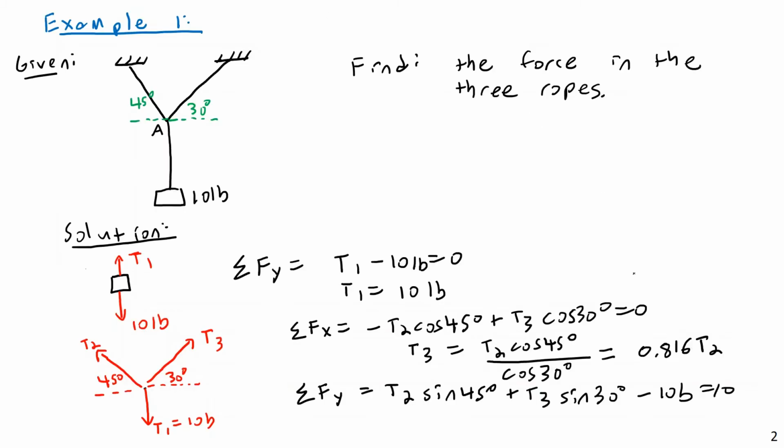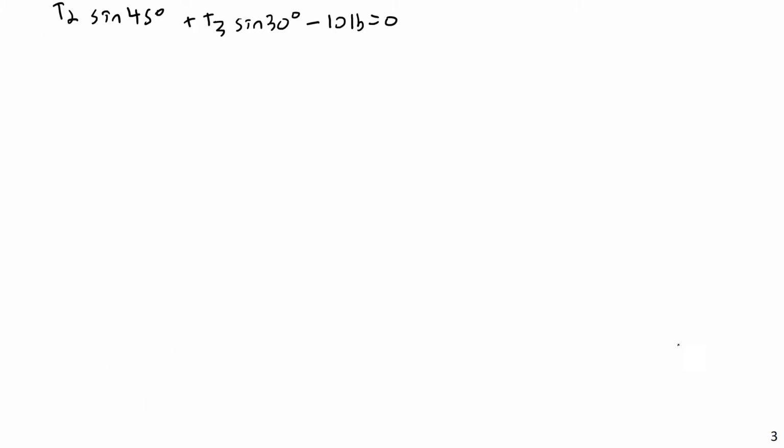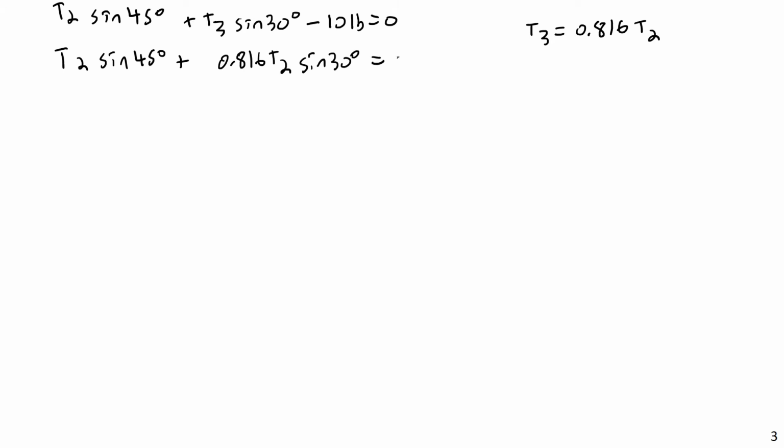And I also have the result of my previous equation, which is T3 equals 0.816 T2. So I'm just going to go ahead and substitute this expression in for T3. So I will have T2 times the sine of 45 degrees plus 0.816 T2 times the sine of 30 degrees equals 10 pounds.